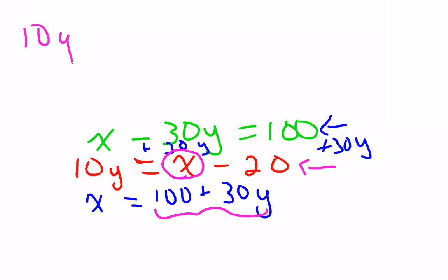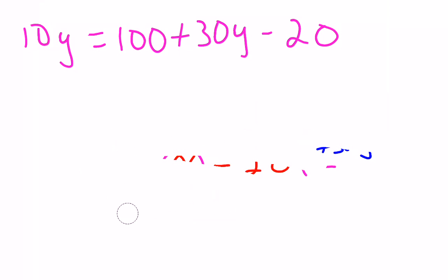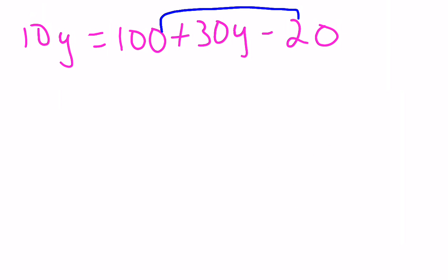So 10y equals, instead of x, I'm going to put 100 plus 30y minus 20. And now I only have one variable in there, so that enables me to solve this. So first, let's combine like terms. So we have 10y. 100 minus 20 is 80.